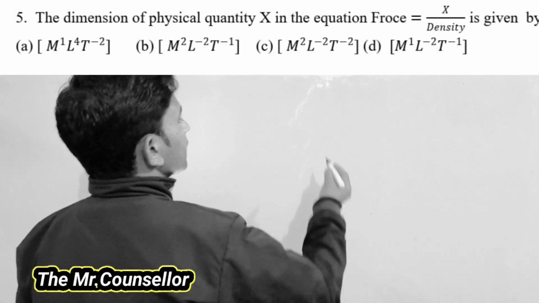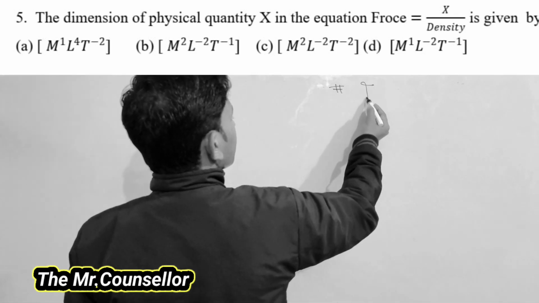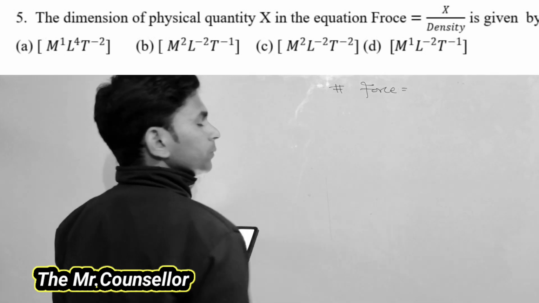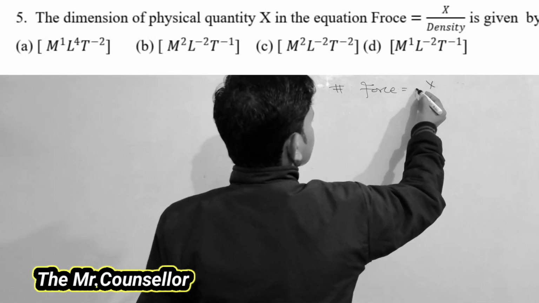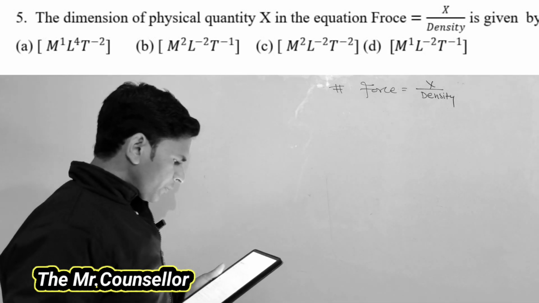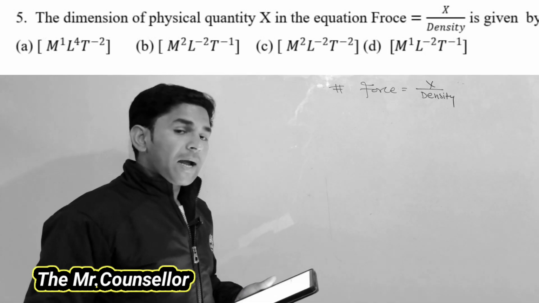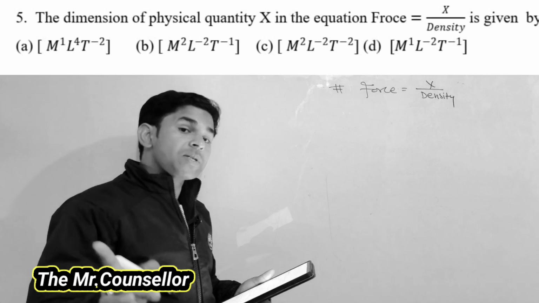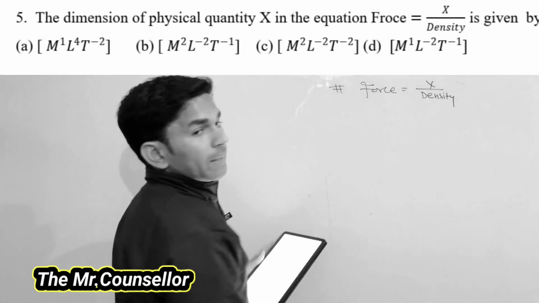Very simple. What is given? The equation given is force is equal to x divided by density. They are asking what is the dimension of that physical quantity x.